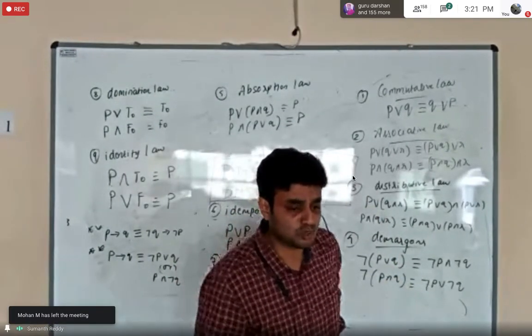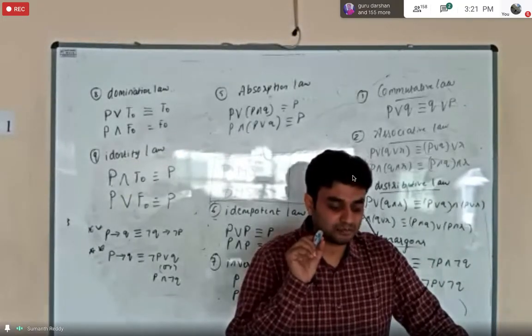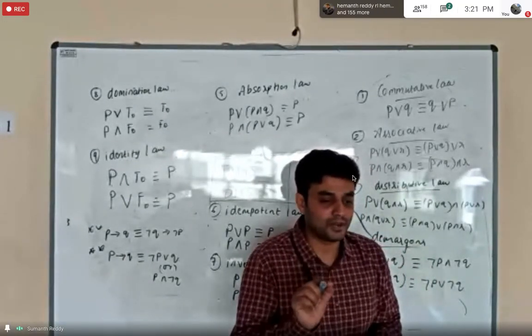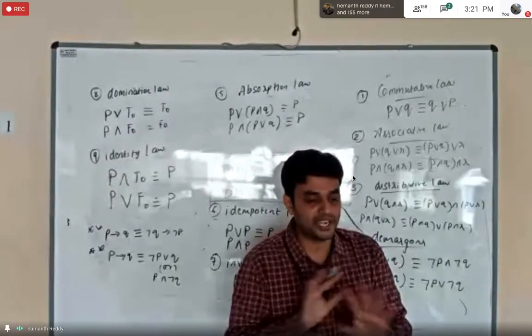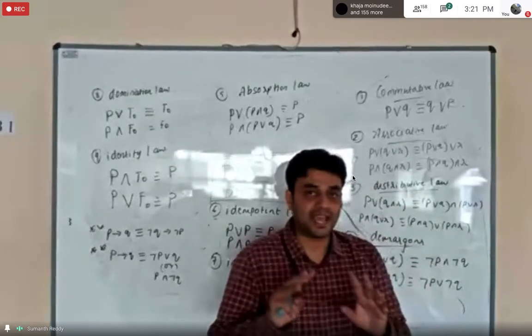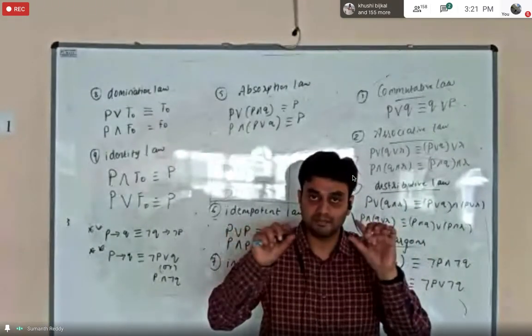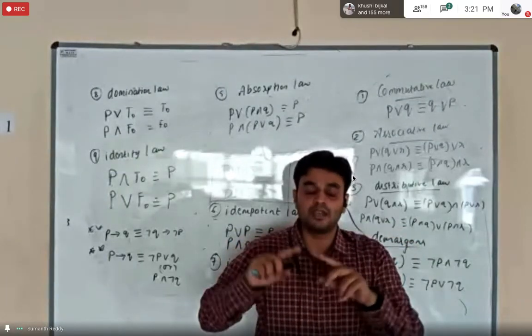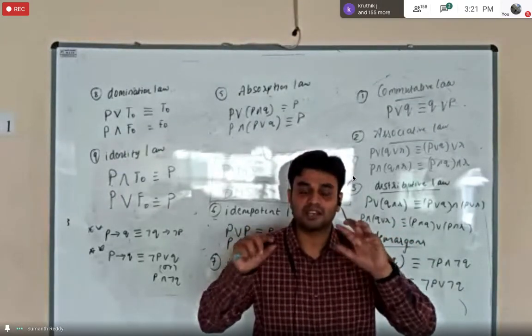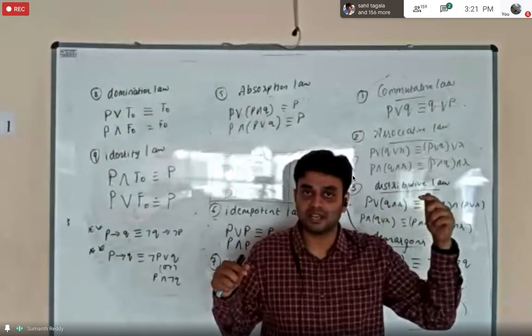Most of you might feel that what I'm telling here is a little bit silly, but if you remember this simple trick, there won't be any confusion while solving problems. What I have told is very simple. When I have three propositions and all the symbols are the same, go with the associative law. When the symbols are different, if one proposition is repeated, go with the absorption law.